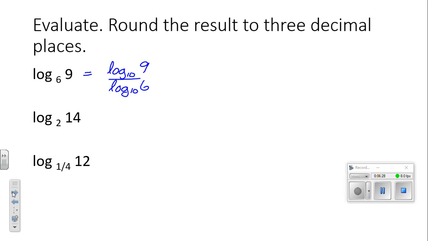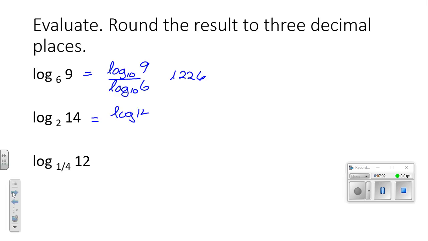Okay, somebody with a calculator handy, what do we get? 1.226. Now let's see if that's reasonable. 6 to something a little bit more than 1 is going to get us 9. That makes sense, right? Because 6 squared would be 36. That's too big.